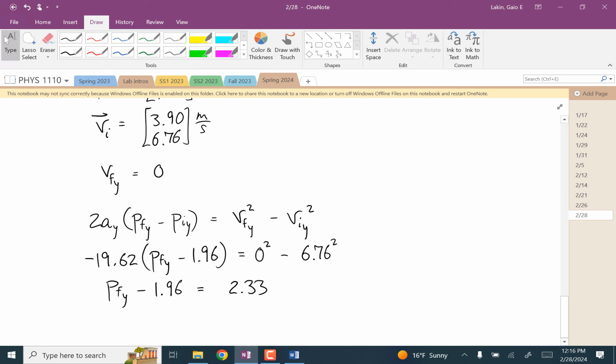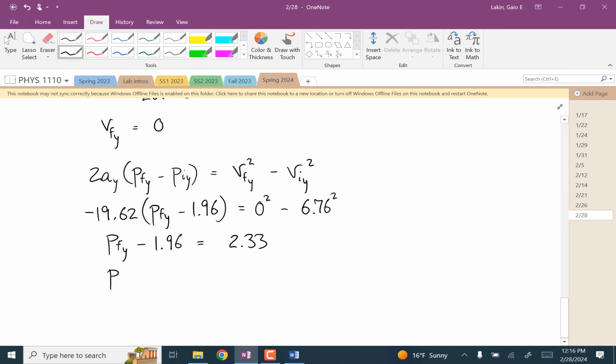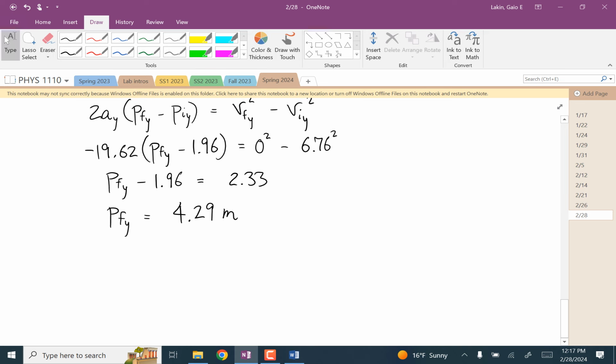And now add 1.96 to both sides, and PFY is equal to 4.29. So that's half of what we need.